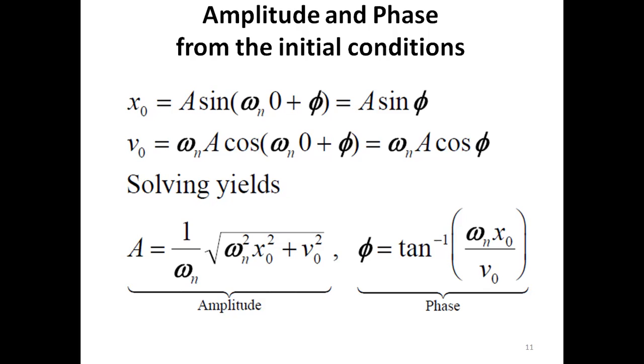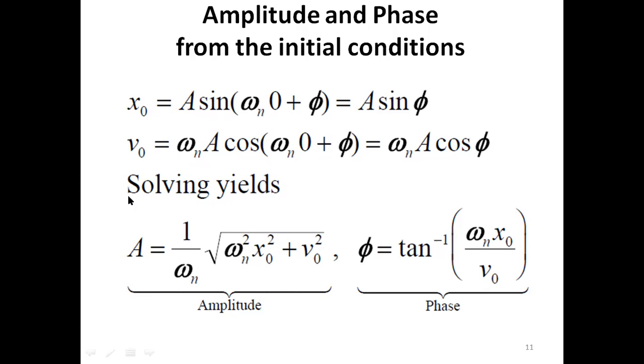So differentiating x of t is equal to A sine omega n t plus phi, we would get x dot of t is equal to A, which is constant, times cos, since the differential of sine is cos, omega n t plus phi, and when sine omega n t is differentiated, we get 1 omega n from there.